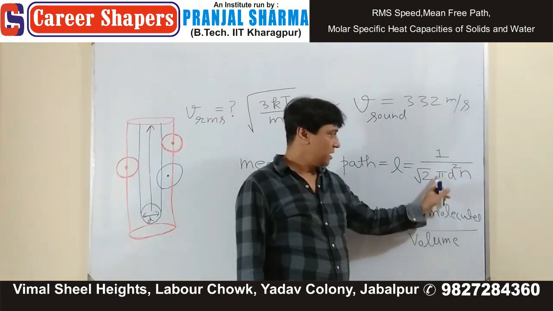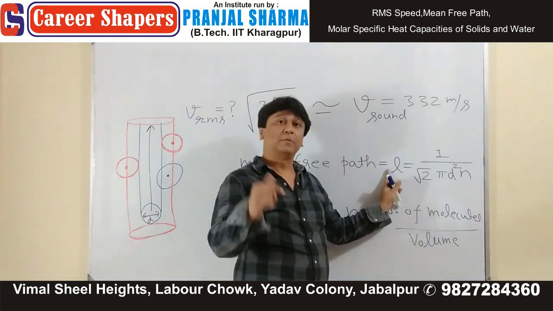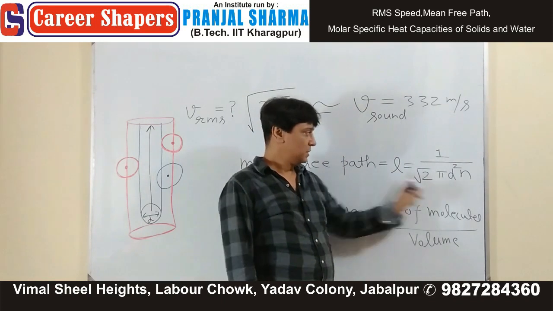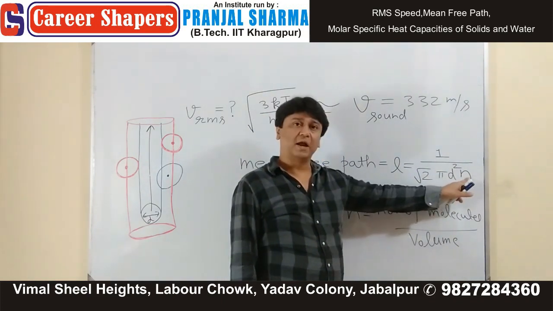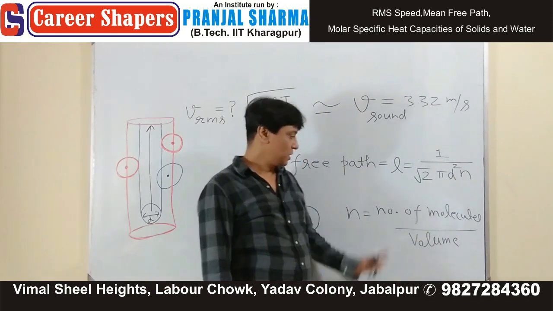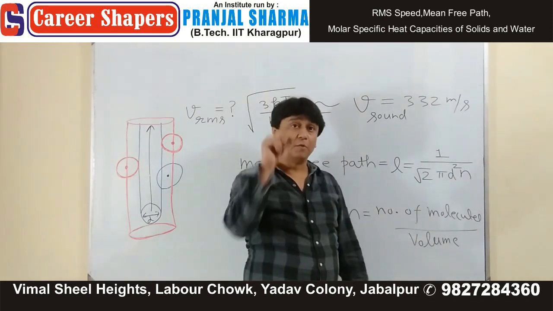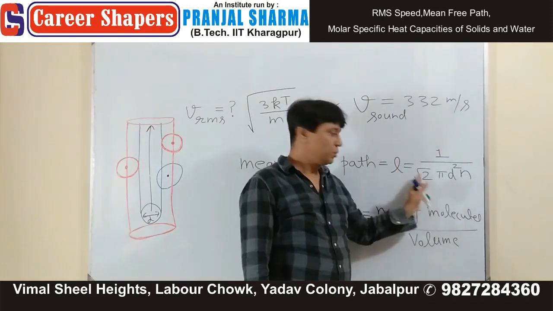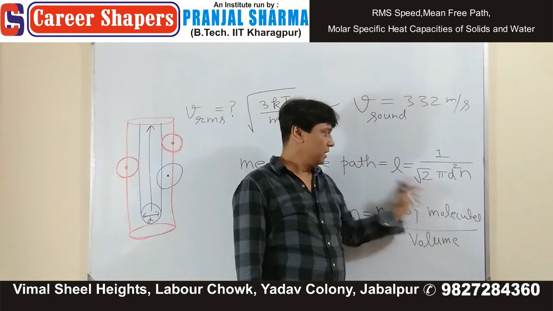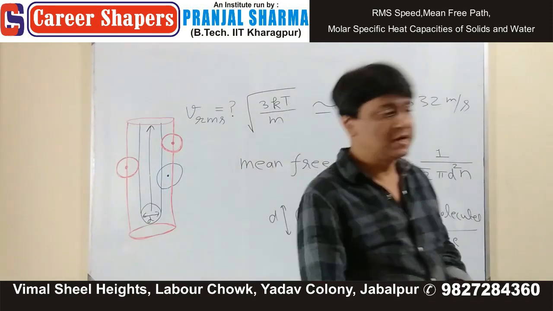This L becomes volume, multiplied by n. It gives you what? Number of molecules per unit volume. That is your total number of molecules. So you can remember, L is inversely proportional to square of the diameter.